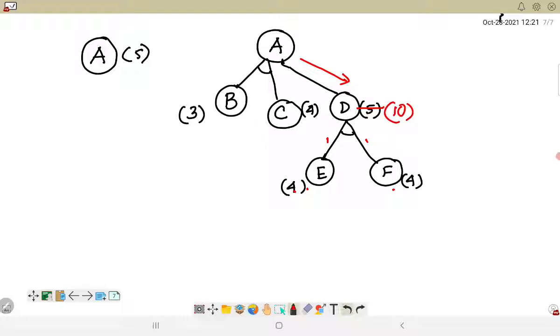And if we consider the other AND arc, 3 plus 4 is 7, then 8 and 9, so this AND arc has 9. So the algorithm will immediately shift its search direction to this. No longer will D be examined; now the arc through B and C will be examined.